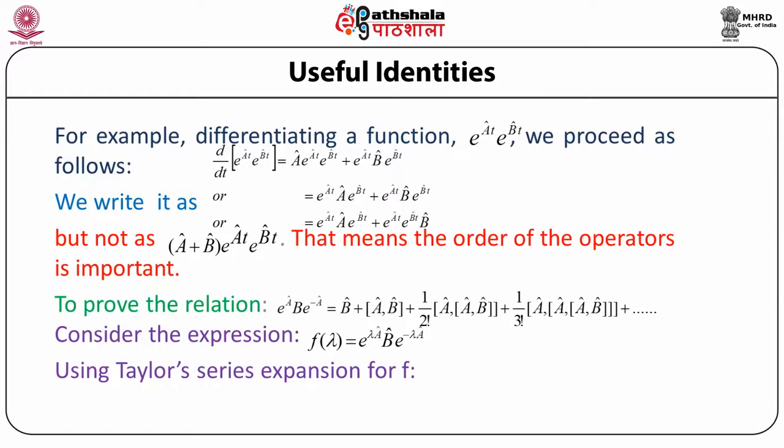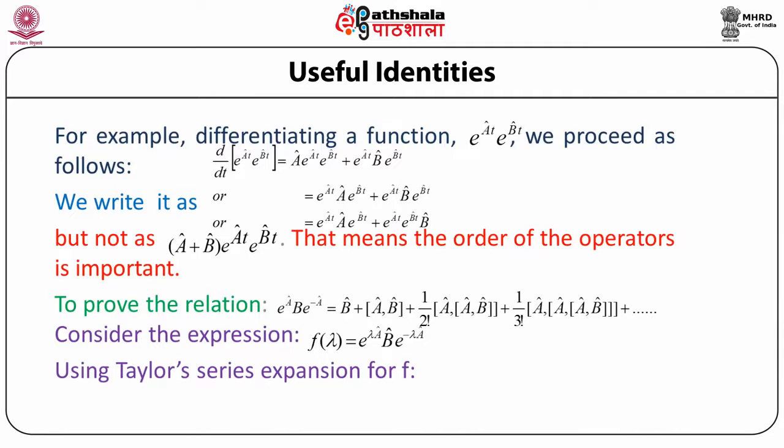We write this as d by dt within brackets e to the power operator a times t, e to the power operator b times t is equal to operator a e to the power operator a times t, e to the power operator b times t plus e to the power operator a times t, operator b, e to the power operator b times t, and this is equal to e to the power operator a times t, operator a, e to the power operator b times t plus e to the power operator a times t, operator b, e to the power operator b times t, and this is equal to e to the power operator a times t, operator a, e to the power operator b times t plus e to the power operator a times t, e to the power operator b times t, operator b, but not as operators a plus b within brackets e to the power operator a times t, e to the power operator b times t. That means that the order of the operators is important.